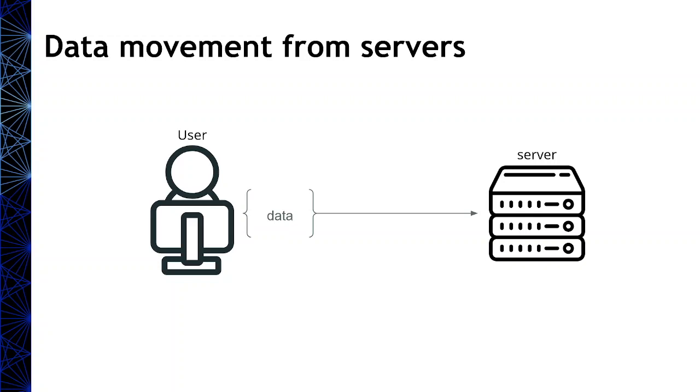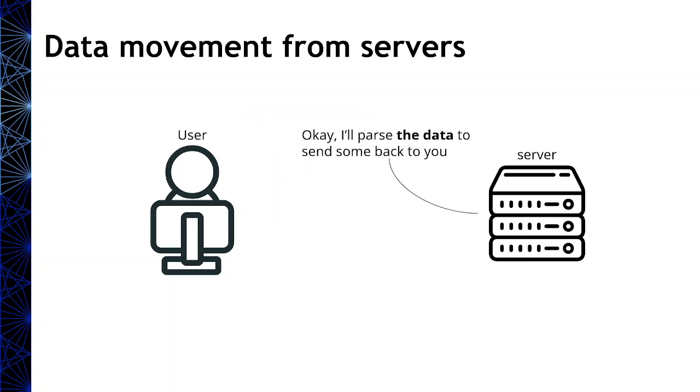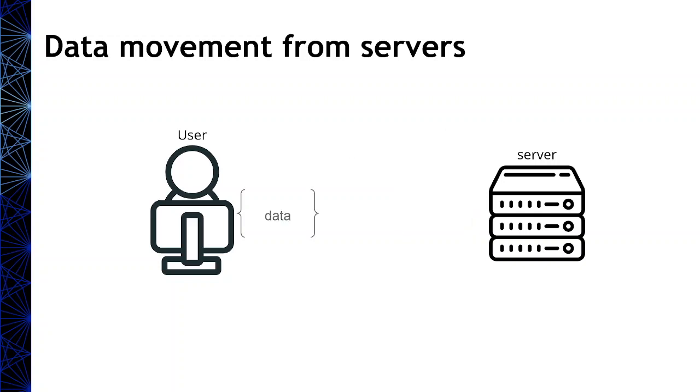They then take their data and send it over to the server, which will now work on the data and store it. Similarly, another request can be made so that the user can request certain data to be taken from the server. Usually this request will have some sort of identifier to ensure that the data they're pulling is the one that they want. So the server can take that request, read it, and say, oh, well, I do have this data. Here it is. I'm going to give it back to you.